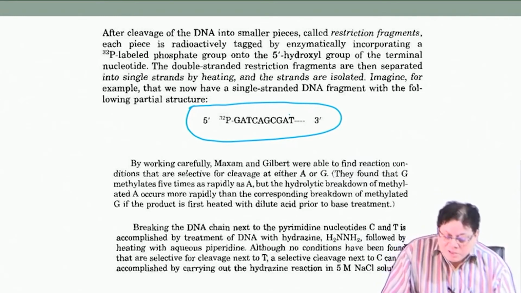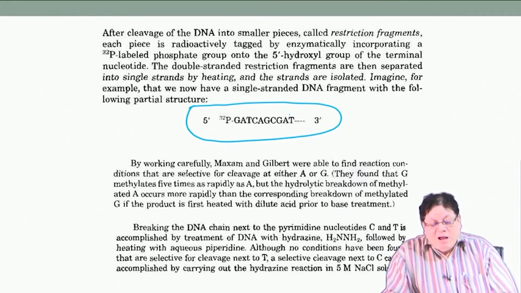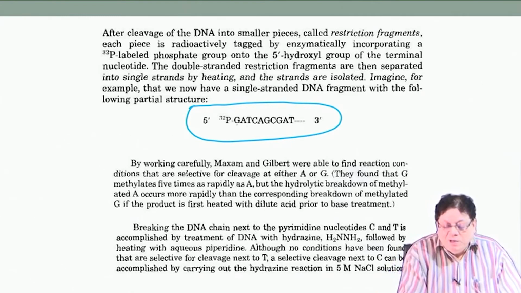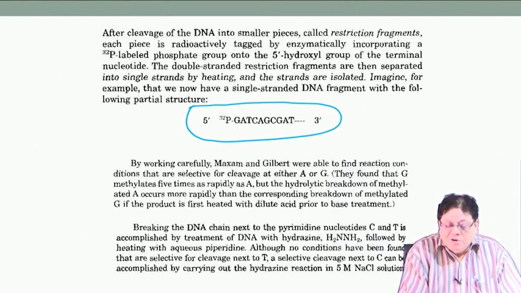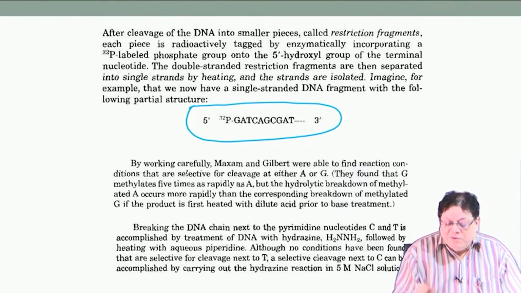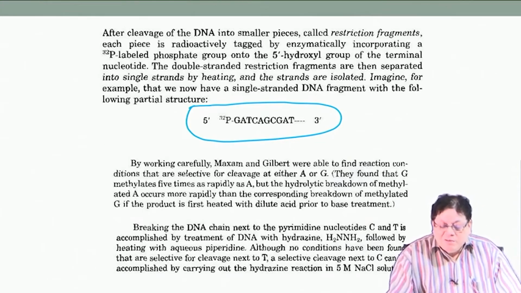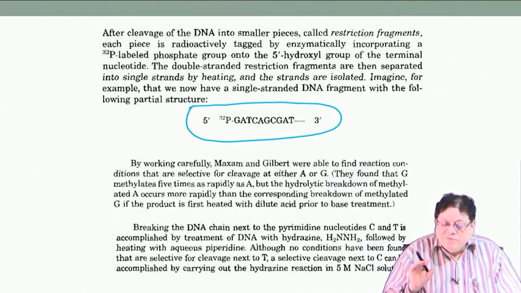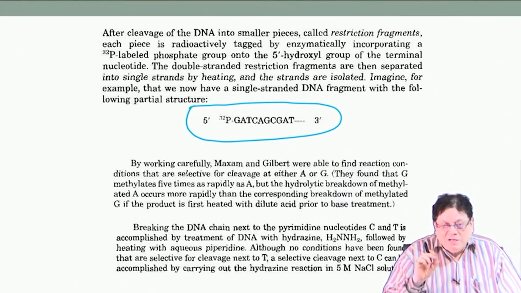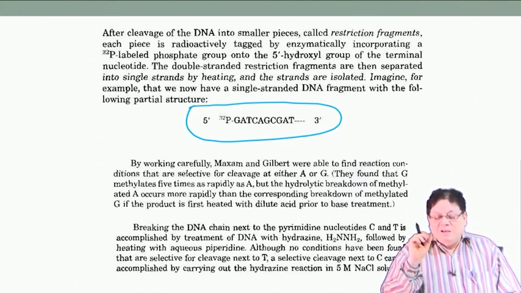Now, Maxam and Gilbert, because I told you it was very difficult to find reaction conditions which will only recognize G and then break the phosphodiester bond between the base and sugar, but they were so brilliant that they could find reaction conditions by which they can selectively cleave these bases.